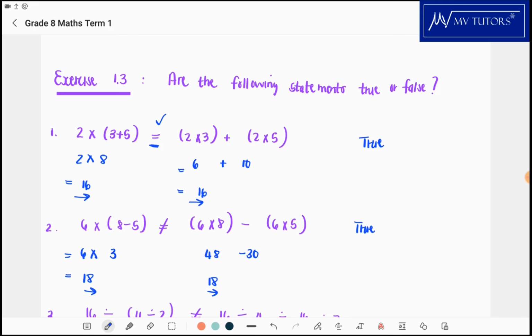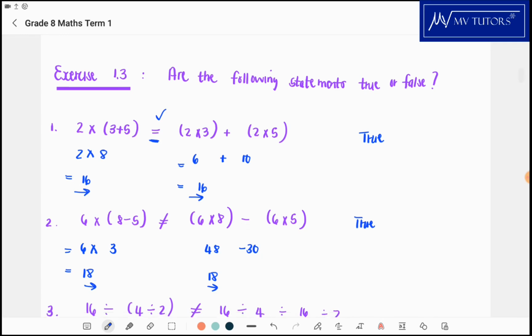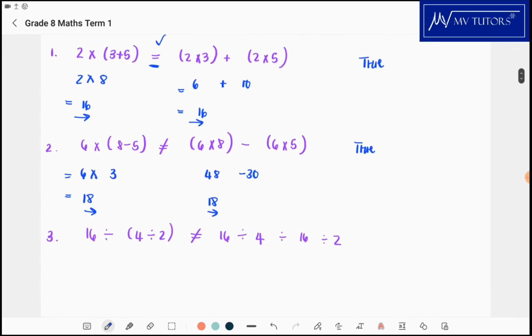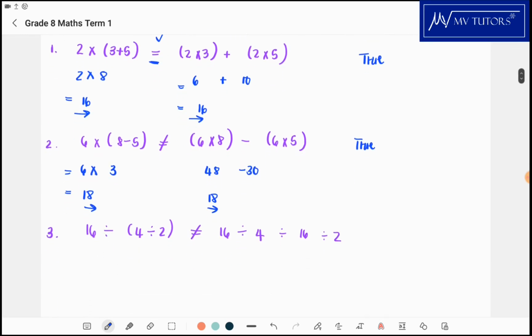And we are expecting the distributive property to work here. Remember, it doesn't work where we have division. And here we are dealing with division. So we are expecting the two not to be equal. So now we have 16 divided by (4 divided by 2). We're going to start with brackets. 4 divided by 2 is just 2.